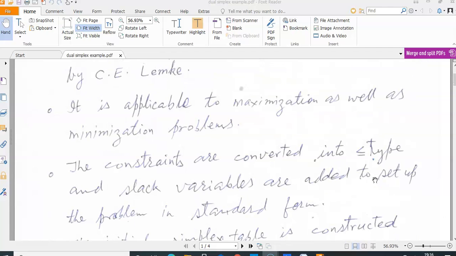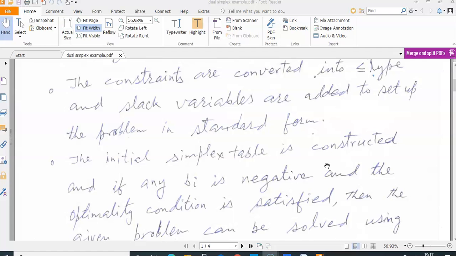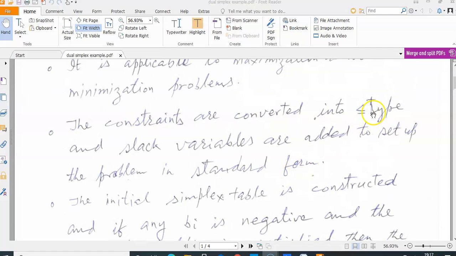The constraints are converted into less than or equal to type and slack variables are added to set up the problem in standard form. That is, there is no need of artificial variables. Whatever kind of constraints we have, if some are of greater than or equal to type, we multiply them by the minus sign and convert them to less than or equal to type.